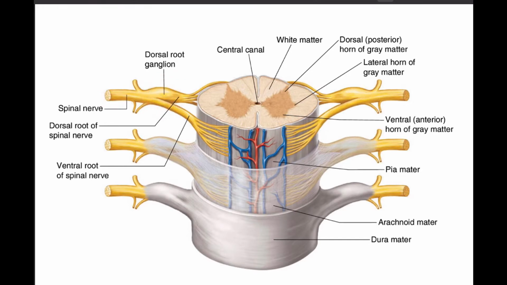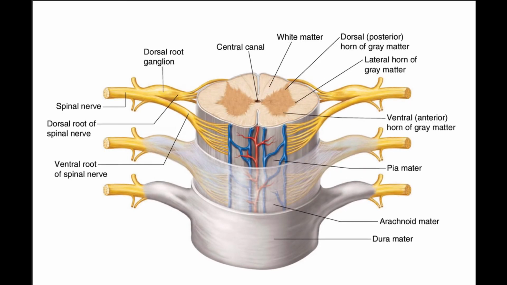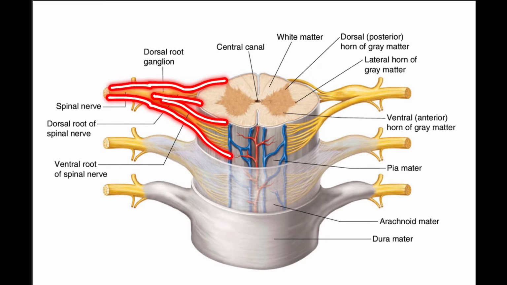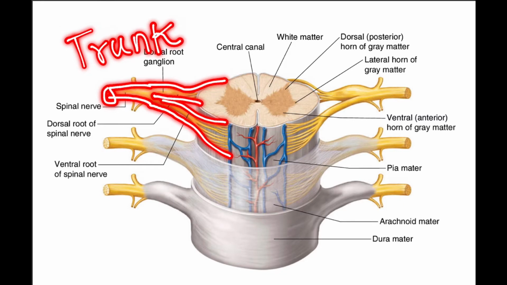After meeting the dorsal root ganglion, it will enter the spinal cord. In the dorsal root you have only the sensory nerve fibers. In the ventral root we have only the motor nerve fibers, and these two roots combine together to form a trunk. Trunk means a common body.